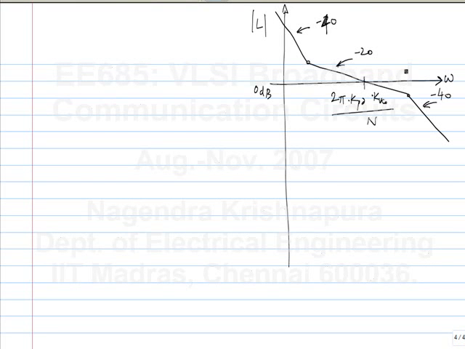So this is L, magnitude of L. What is L over 1 plus L here? If I wanted to sketch L over 1 plus L, what would I do? Yeah. So there is a unity gain frequency. That is why the unity gain frequency in a feedback loop gain is significant, right?